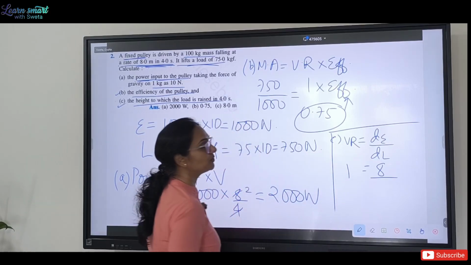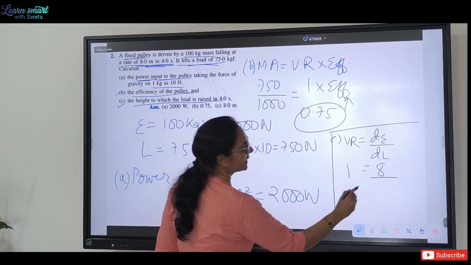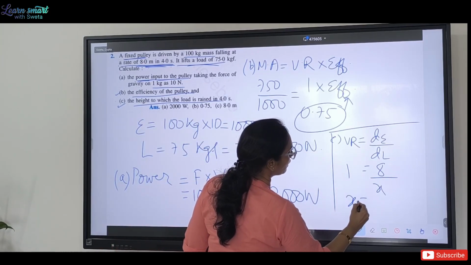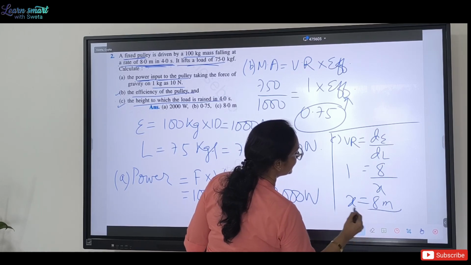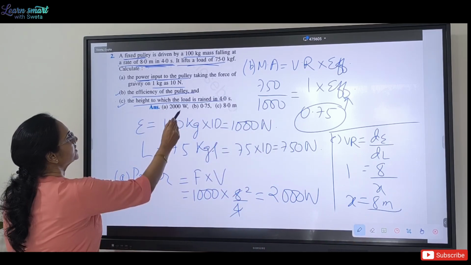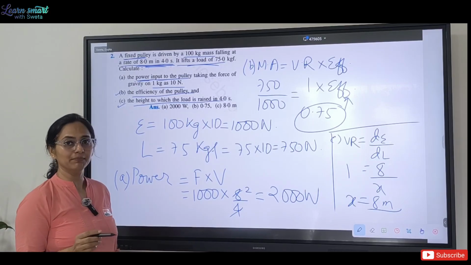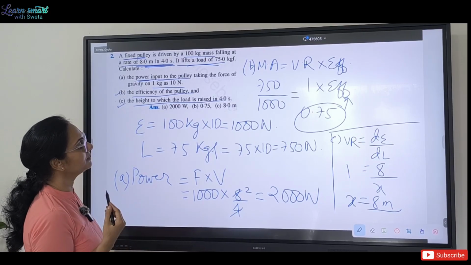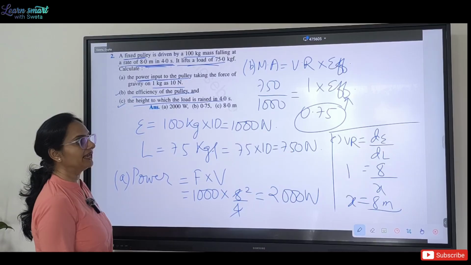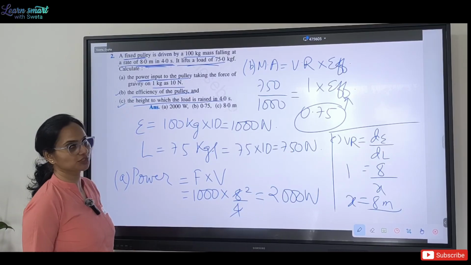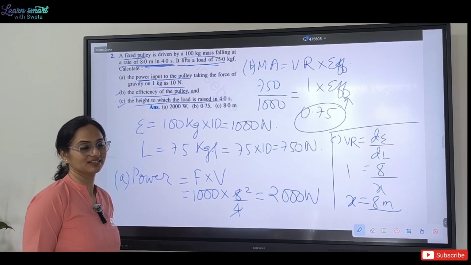Let's say we don't know the distance moved by the load, let's take it as x. So we will get x also as 8 meter. So the height to which the load is raised in 4 seconds will be the same as the distance moved by the effort. So it will be 8 meter. This is how you can solve this question, right? Let's see the next question.